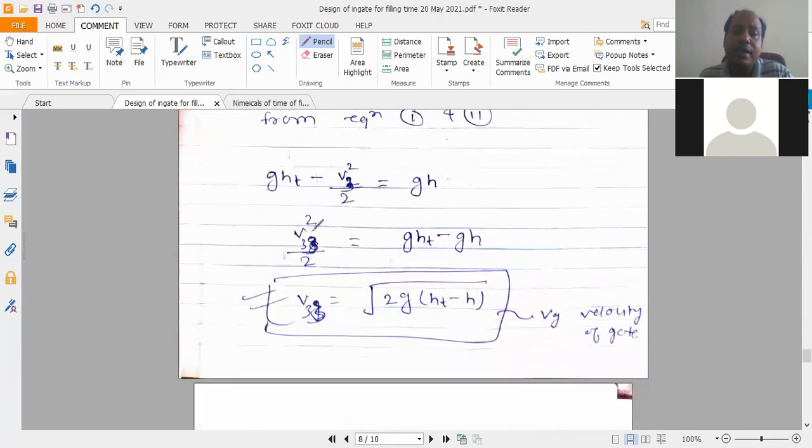Then you may find that v3 square by 2 is nothing but g ht minus gh.